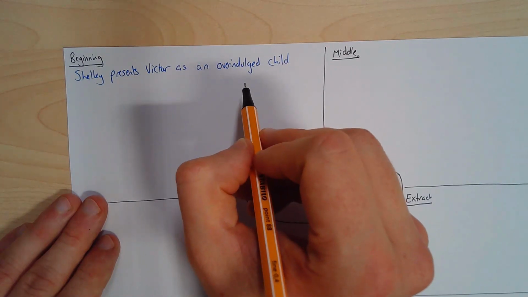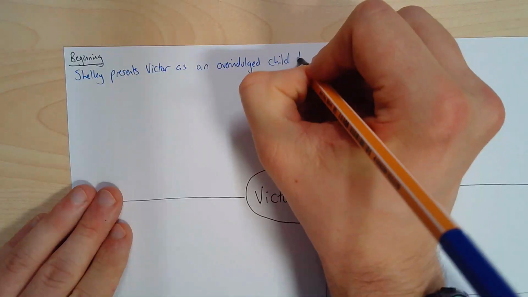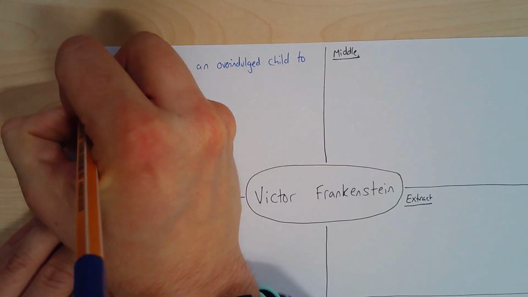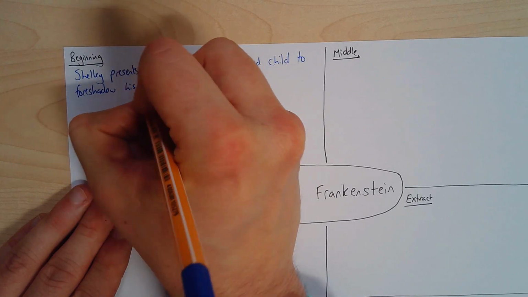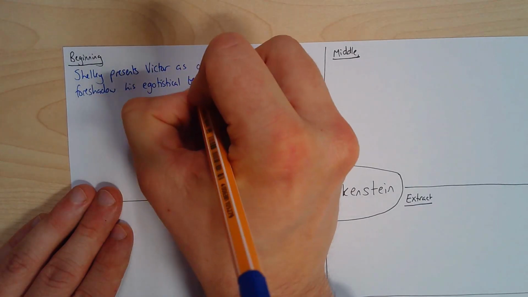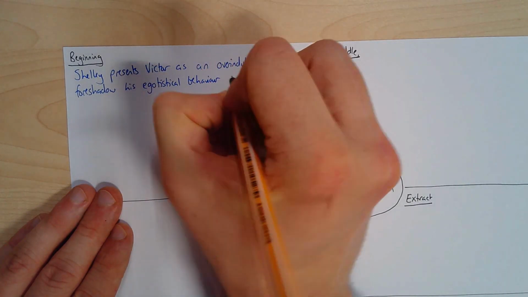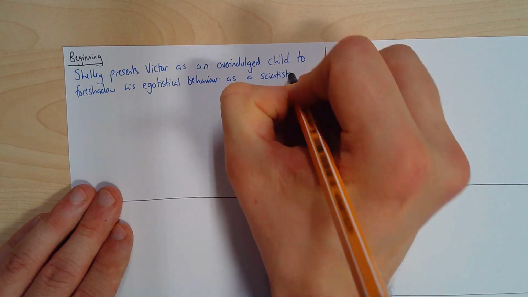He is overindulged, and that comes from our quotation we'll see in a minute. And she does this to foreshadow his egotistical behaviour as a scientist later in the novel.